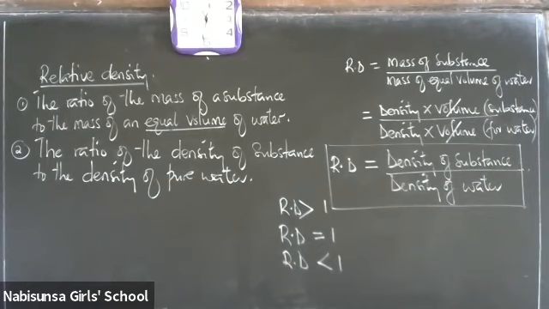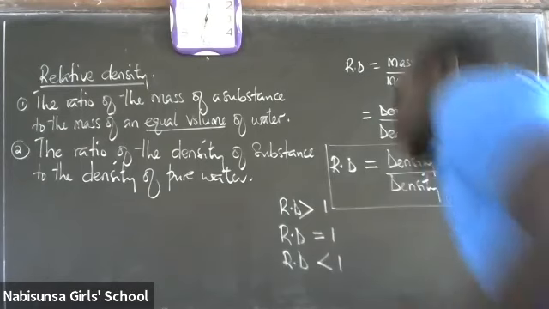So we are saying, if the density of the substance is greater than the density of water, our relative density is greater than 1. Now, this means such objects whose relative density is greater than 1, all such objects will always sink in water, because it means such objects are heavier than water. Are we getting the point?